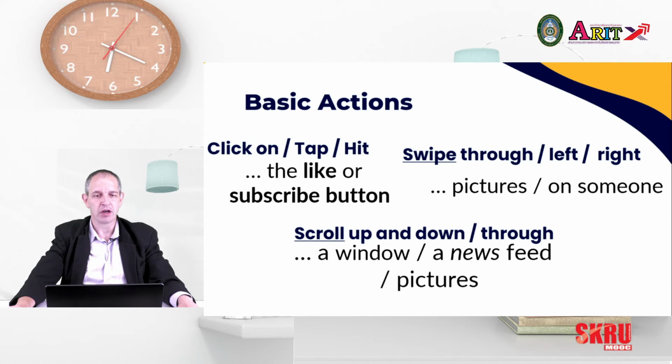So we can scroll through a window. You can scroll through a news feed, scroll up a news feed, scroll down a news feed, or scroll through pictures. So the idea, again, a computer is different from a phone or a tablet. You use a mouse, and with a mouse you scroll. With a phone you usually swipe.